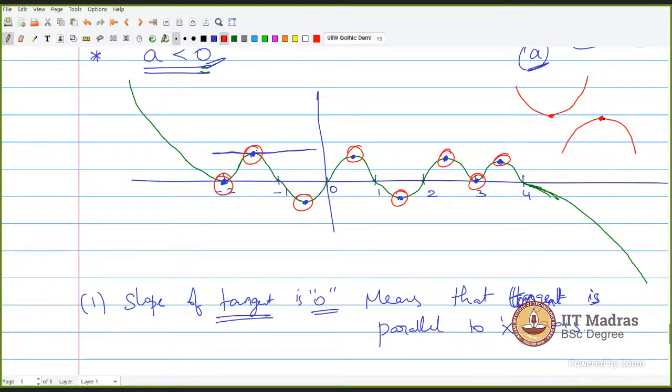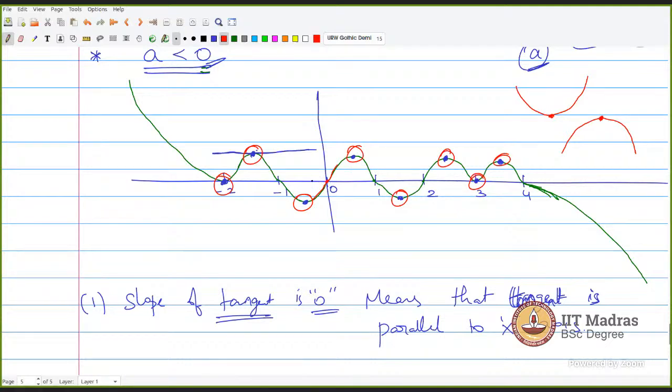Sir, why do we not count 0 and the roots of that polynomial? See, why we do not consider it is, at 0 the graph is increasing before 0, and after 0 also the graph is still increasing. It doesn't change the nature of the graph. Sir, but at 0 the slope will be 0, no, sir? Who said this?